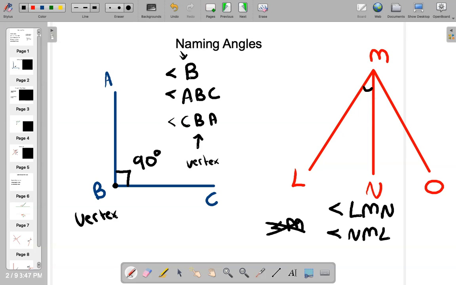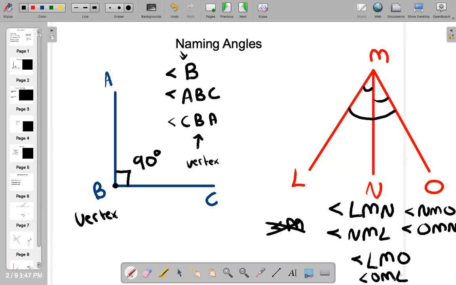Now, I also can do the angle over here, which would be angle NMO. Once again, remembering the center point has to be the vertex. Or I could do OMN. And there is one more big angle I can do over the top, which would be LMO, all the way from here to our vertex, all the way down. But I also could do OML because the direction doesn't matter for these.